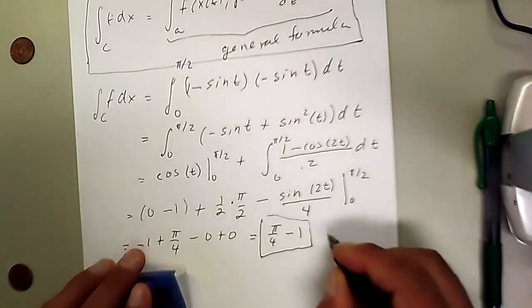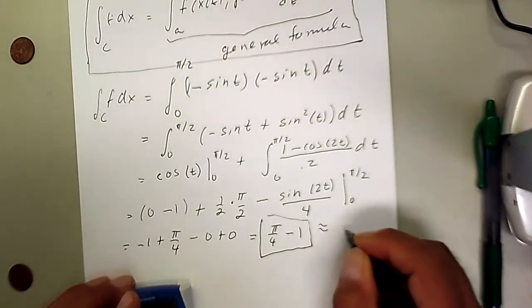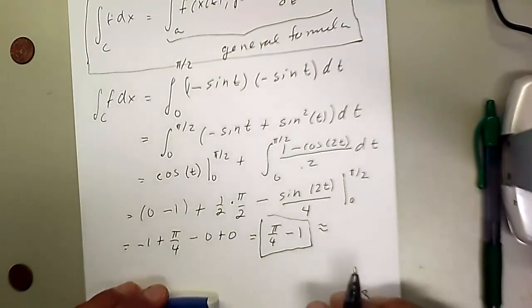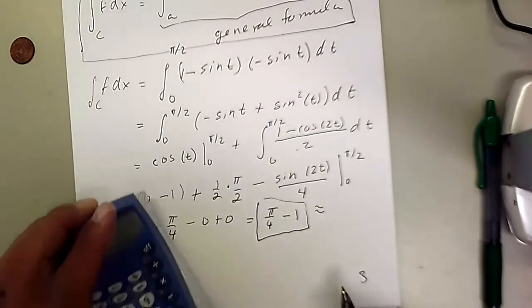I want to have an idea of how much this is in a calculator, a decimal. Box the exact answer, don't box the decimal, please. That's just so I have an idea of how much it is.